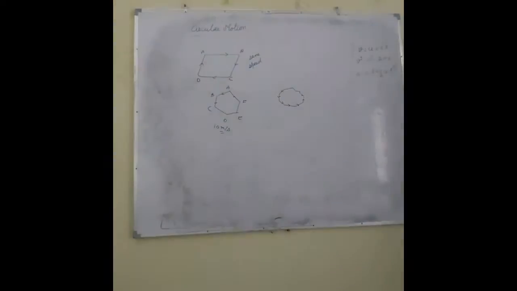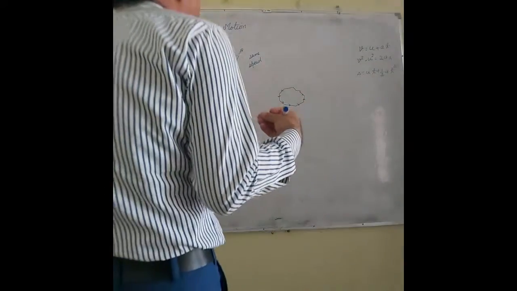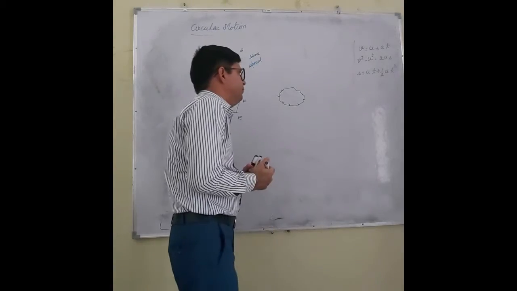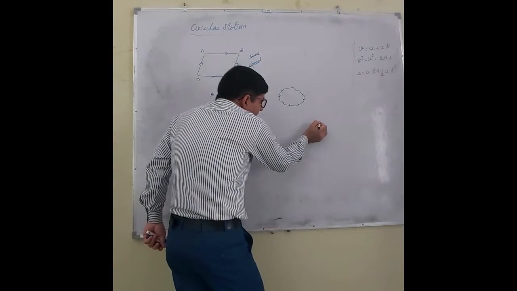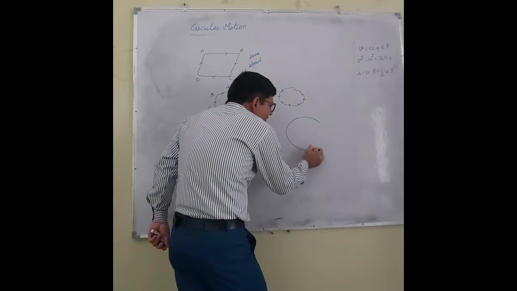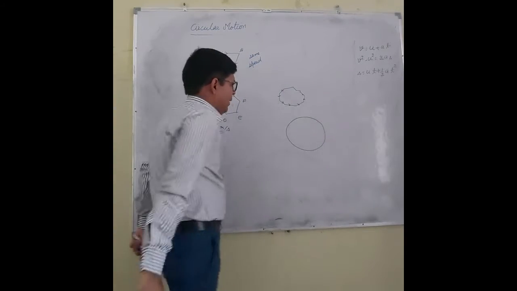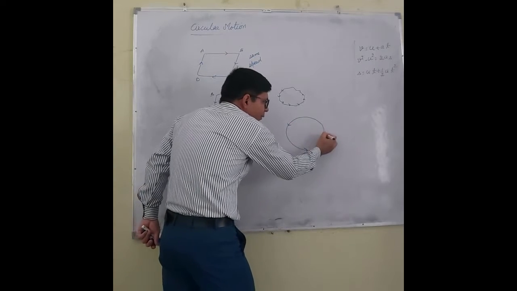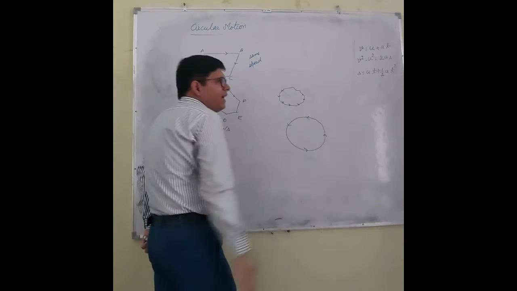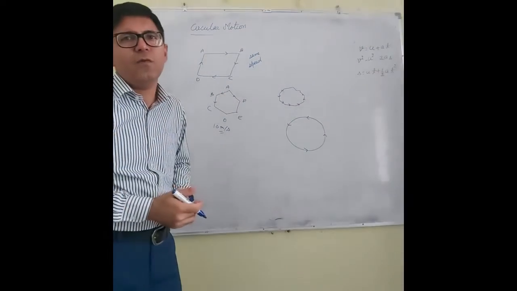Why? It is because there is a change in the direction of the motion. Now let me draw this. And again the body is moving along this path. Is it a case of uniform motion or non-uniform motion?